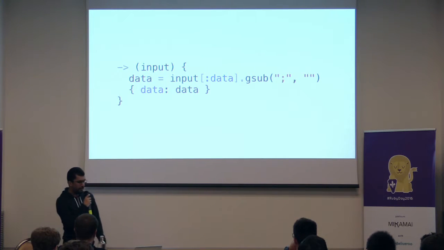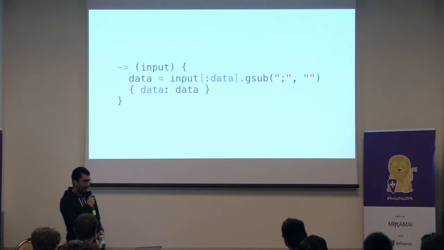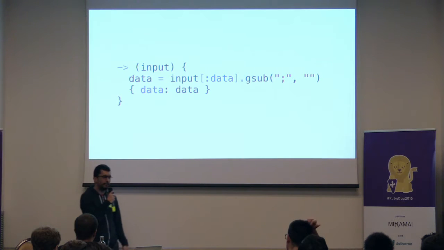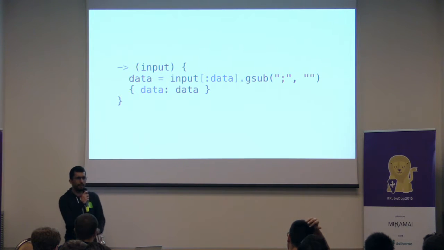This processor is really simple. It's easy to understand what it's doing. It's actually only removing all the semicolons from the file and returning it back. So pretend that you have some JavaScript files with semicolons at the end. This processor is removing all the semicolons at the end of the line.